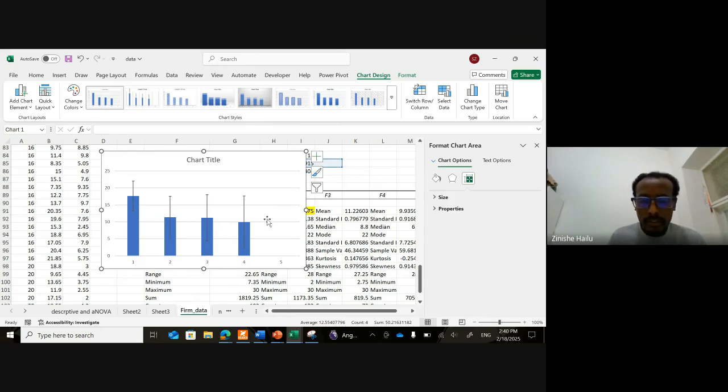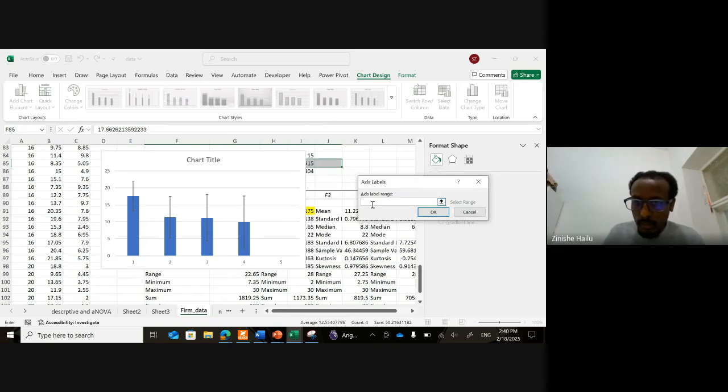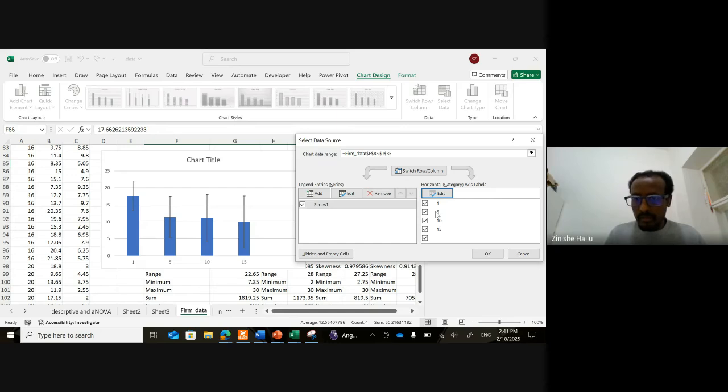So first you have to click this and then select the data here, and you can edit this one. Is equal to this bracket, then 1, 5, 10, 15. I put there. Okay.